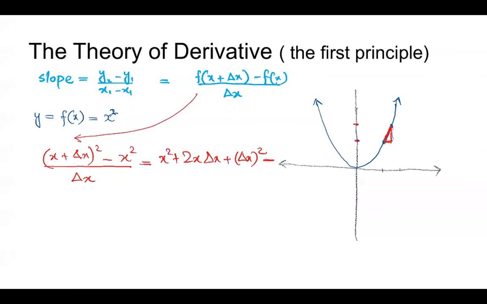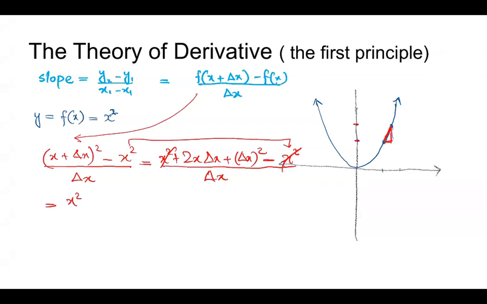Then we have minus x squared. So this x squared is this one, right? Then divided by delta x. Let's try to simplify this. As you can see very quickly, this x squared and this x squared we can cancel out.